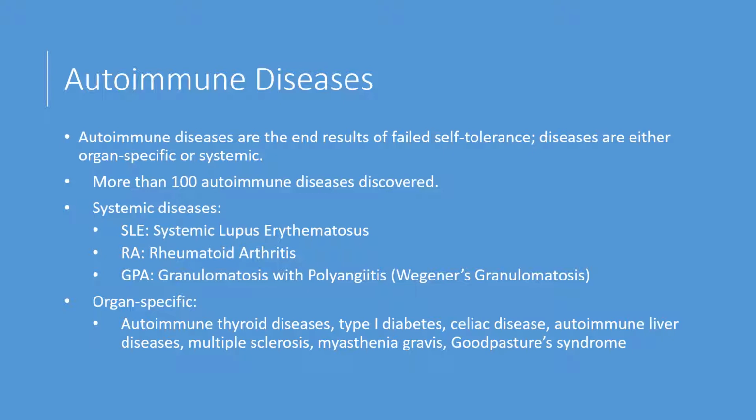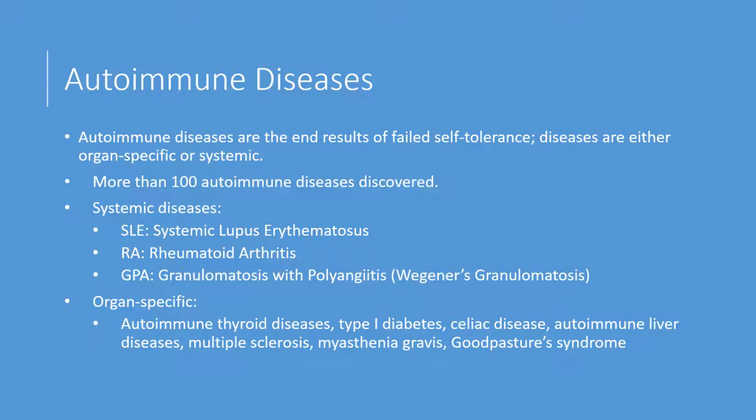When we're talking about ANA, we're talking primarily about SLE or systemic lupus, but there are more than 100 autoimmune diseases, and we break them down into categories. Systemic versus organ specific. We're going to go over some of the heavy hitters in the systemic autoimmune diseases, and then we'll get into the organ specific.